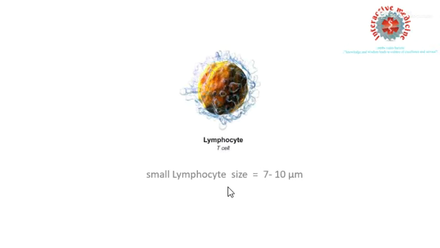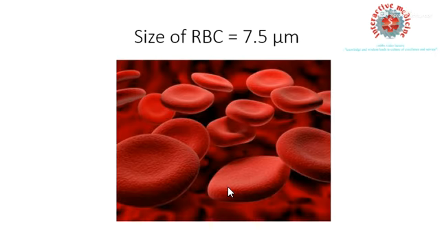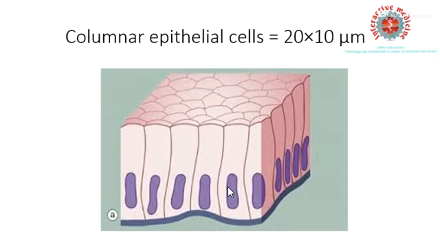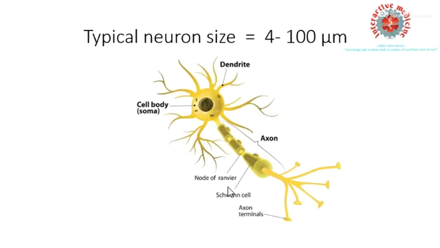The larger lymphocyte size has about 16 to 20, and size of the RBC is 7.5 micrometer. The size of columnar epithelial cells: the length is 20 micrometer and breadth is 10 micrometer. A typical neuron size has the range of 4 to 100 micrometer.